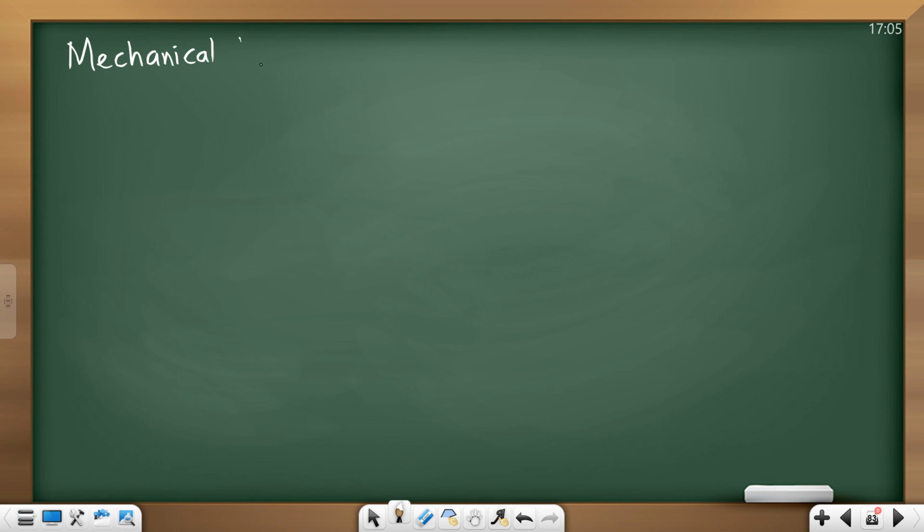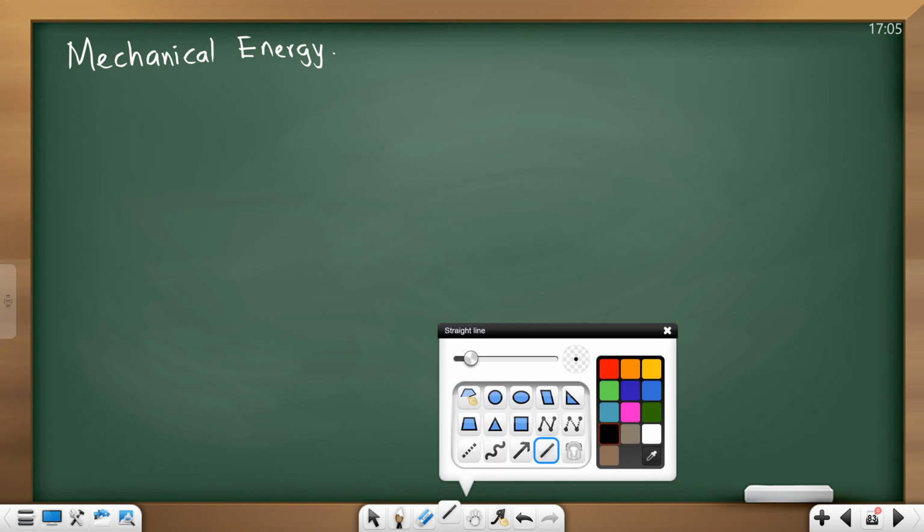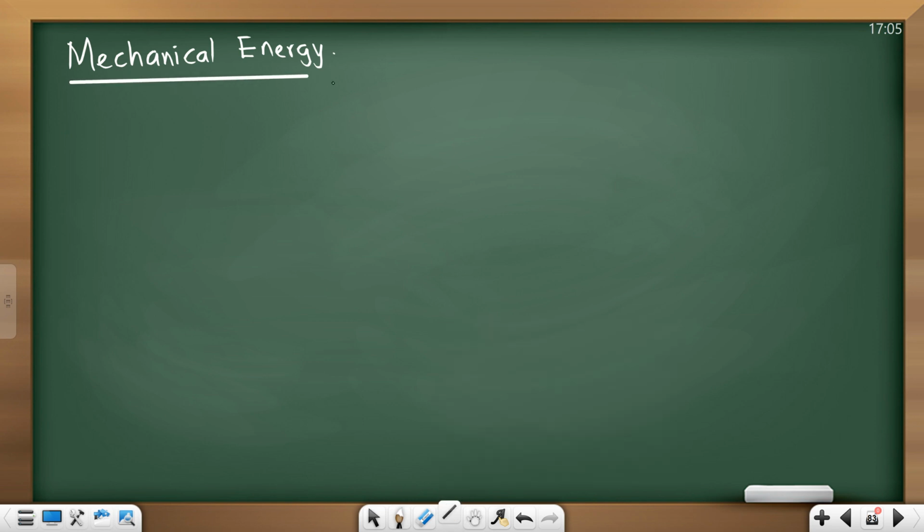Mechanical energy. This we did in grade 10. Amazingly, in grade 11, this is not taught again, so some of you would feel this is new. It's not new, something we did in grade 10. Let's start by defining mechanical energy.